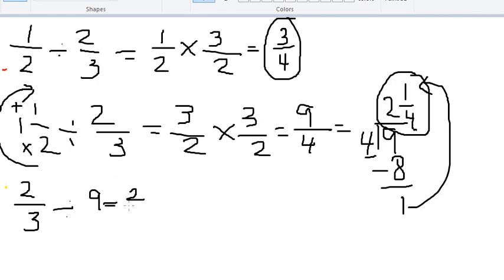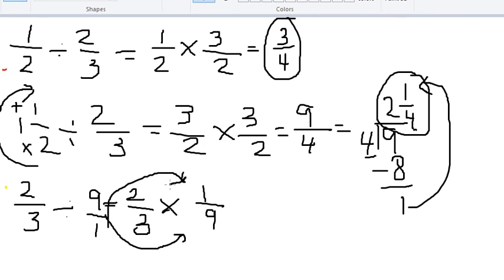So, magiging itong 2/3 times 1/9. Sir, bakit 1/9? Kasi, di ba, 9, ang kanyang denominator is 1. Kung iyan ay iyong reciprocal, magiging siyang 1/9. Yung 1 na denominator magiging numerator at ang 9 na numerator magiging denominator.